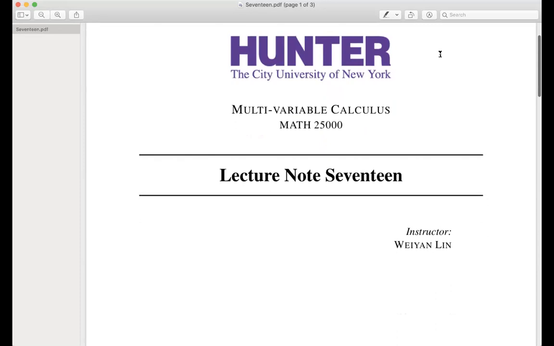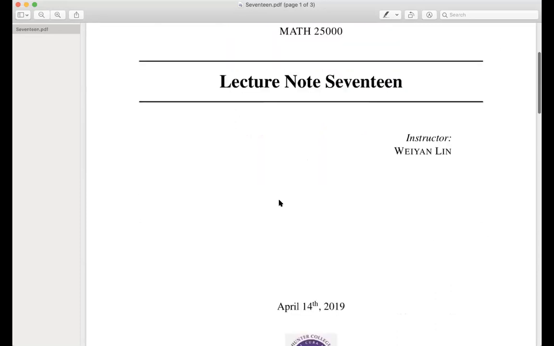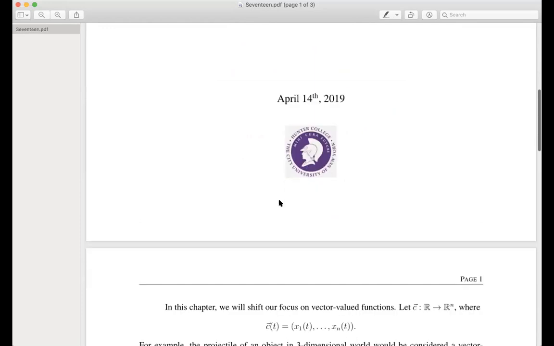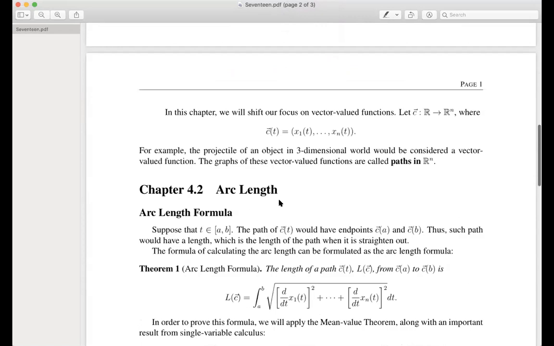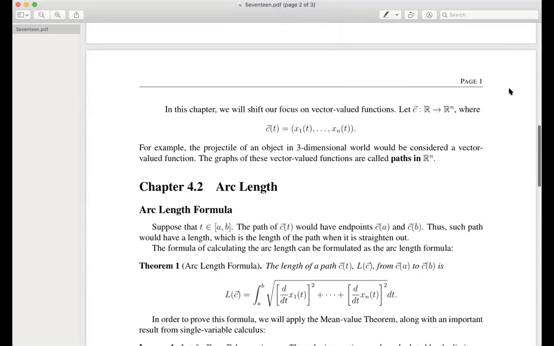Right. So today we will be starting a new chapter, chapter 4. Remember, in the past we have been mostly dealing with real value functions, meaning we take values from Rn and output a value in R, a real number.